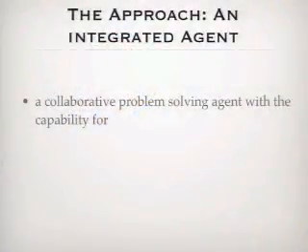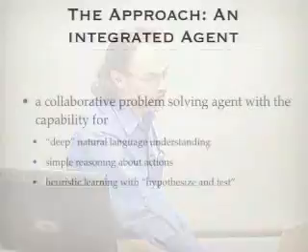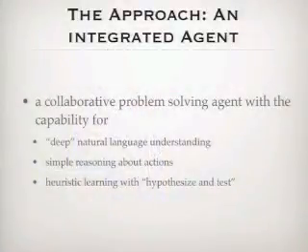So our approach is, as Tim said, to bring together a range of different technologies into one integrated system. First is a collaborative problem-solving agent, which has the ability to do deep natural language understanding. So we're going to extract a fairly rich semantic content from what the user says.